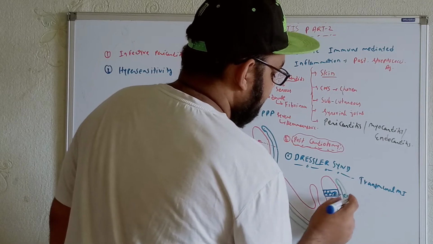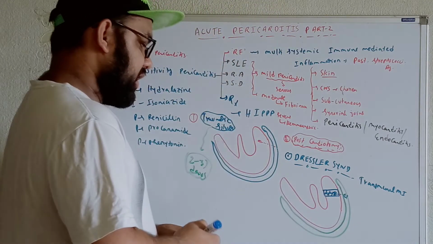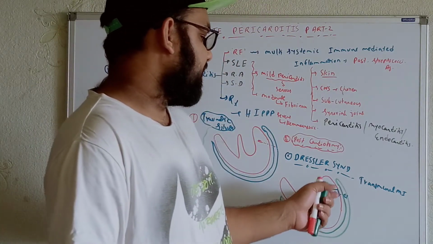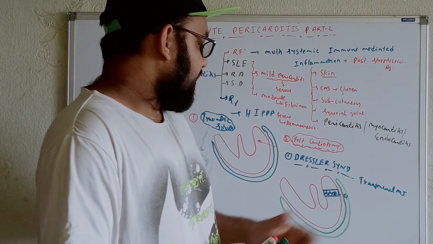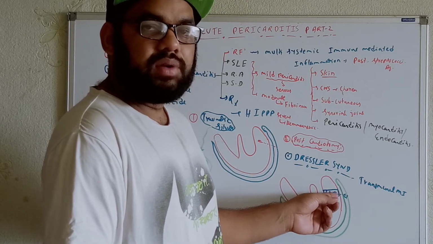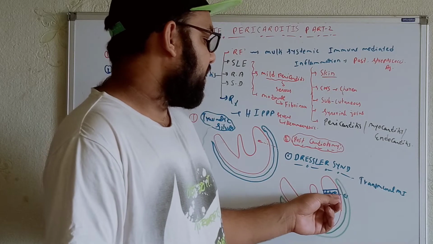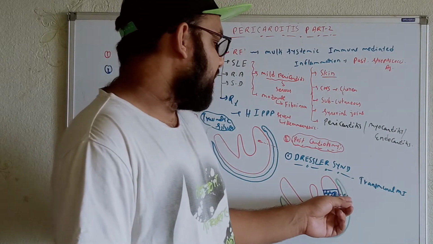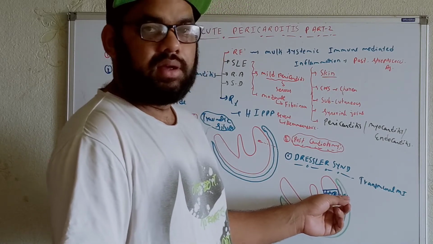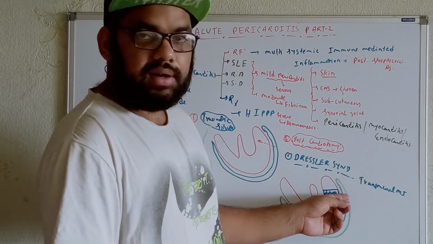So if today I developed a myocardial infarction, after 2-3 days the necrotizing chemical mediators go from the myocardium to the pericardium, and after going there, they cause inflammation within the pericardium.